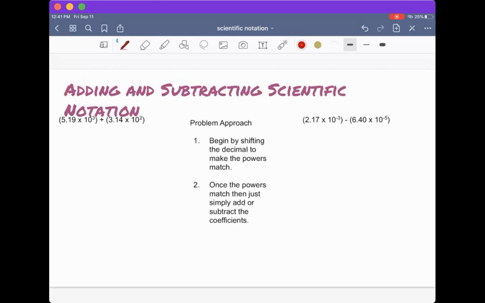All right, so we have the scientific notation of 5.19 times 10 to the third plus 3.14 times 10 to the 2.